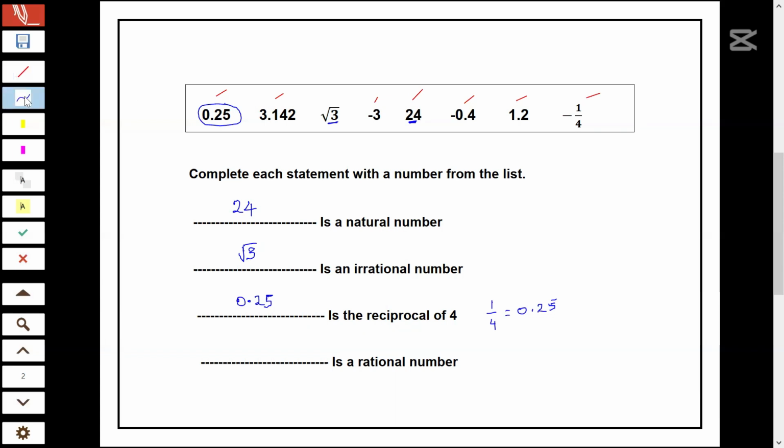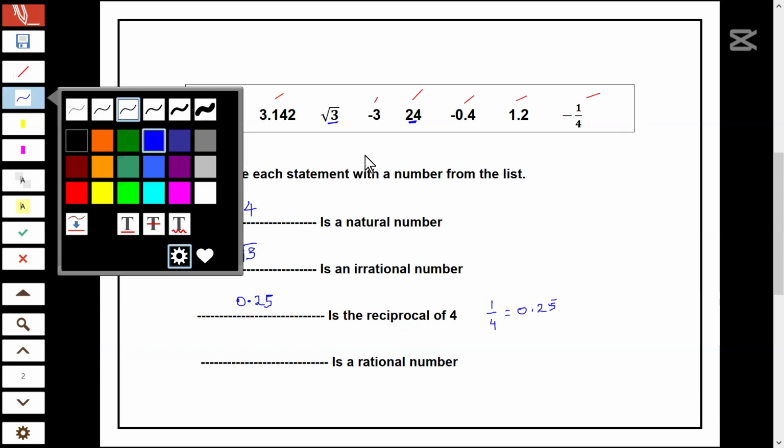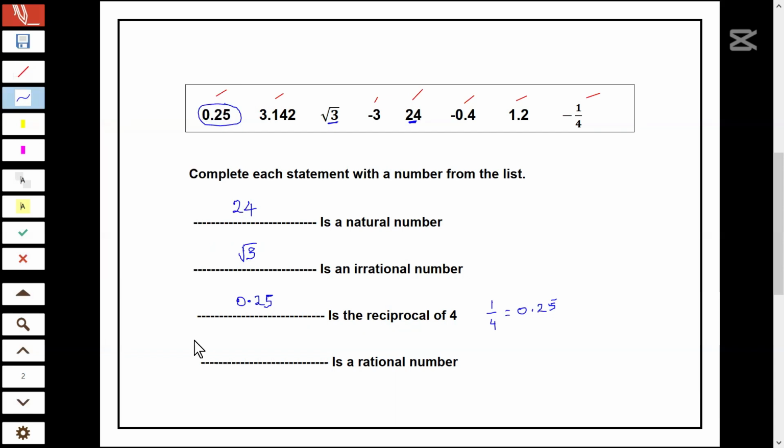So we're going to list all these numbers as rational numbers, starting from 0.25.